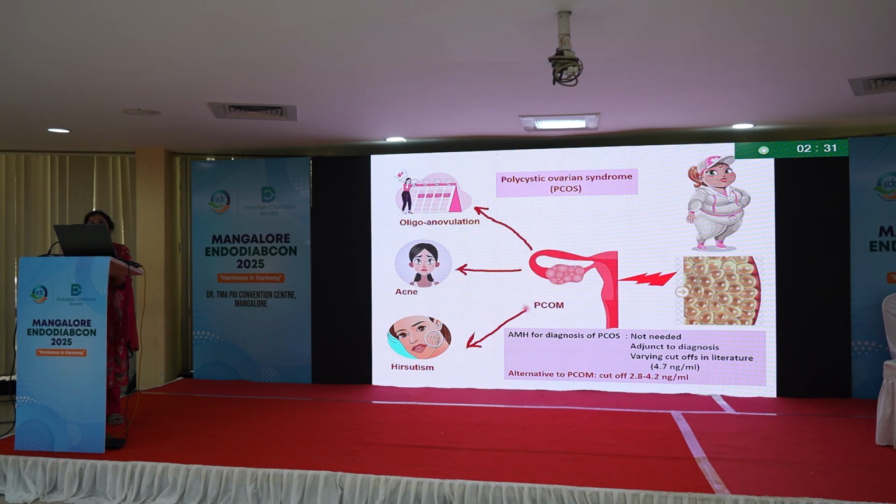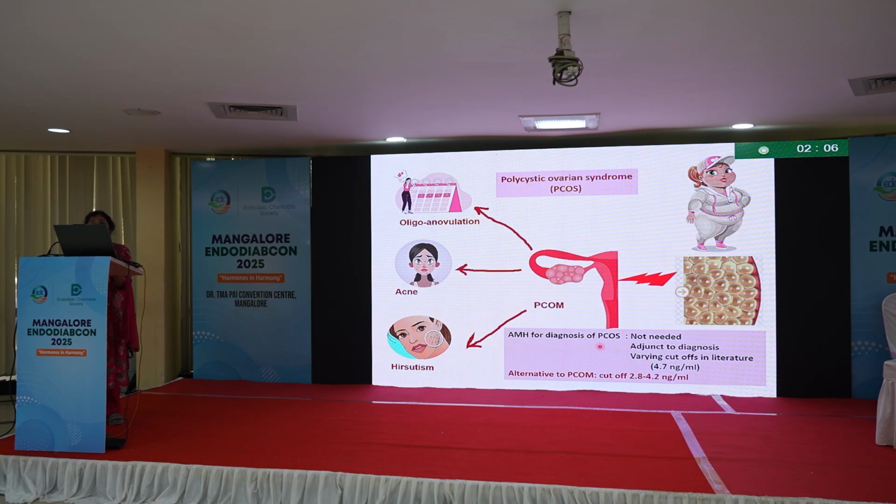Regarding PCOS, in the morning we have heard, if there is oligo-anovulation, if there is hyperandrogenism, if there is a suggestive clinical scenario of obesity and all, then I don't need AMH for making the diagnosis. It can at the most be an adjunct. As proposed, it can act as an alternative to polycystic ovarian morphology on USG.